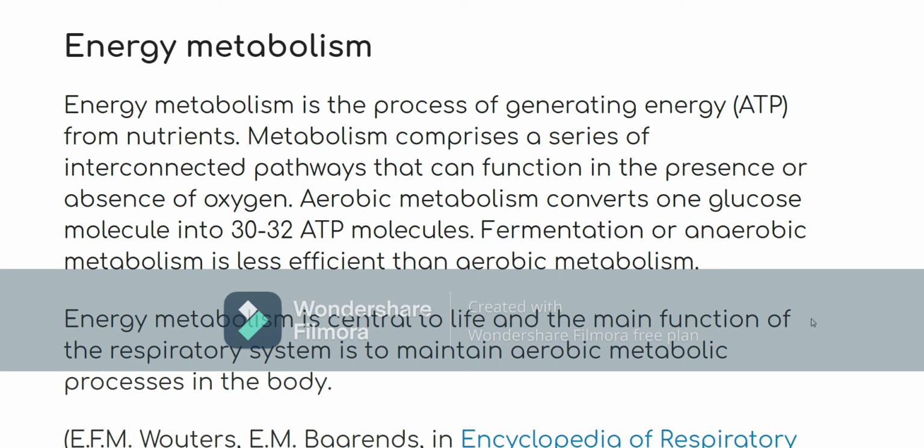Aerobic metabolism converts one glucose molecule into 30 to 32 ATP molecules. Fermentation or anaerobic metabolism is less efficient than aerobic metabolism. Energy metabolism is central to life, and the main function of the respiratory system is to maintain aerobic metabolism processes in the body.